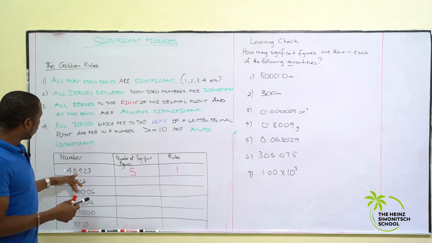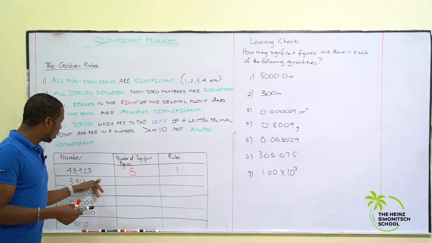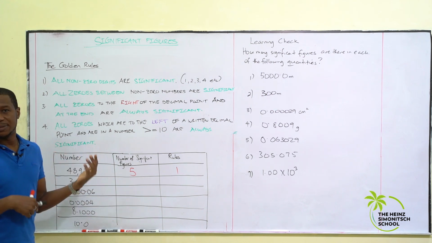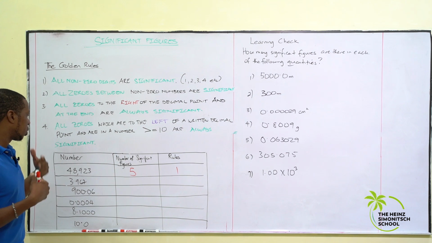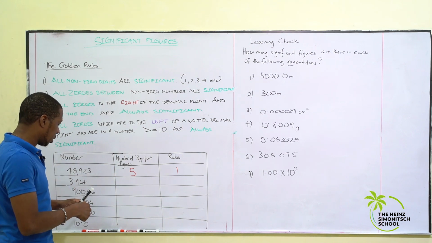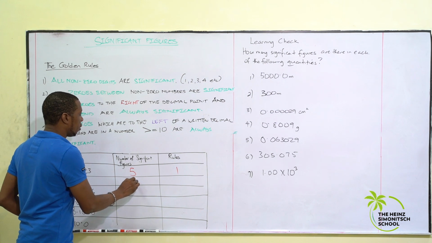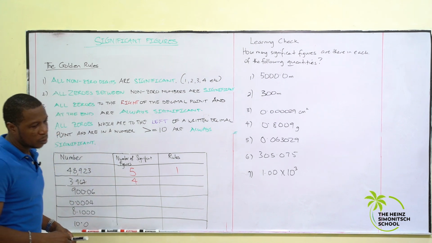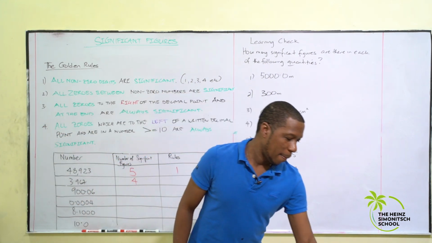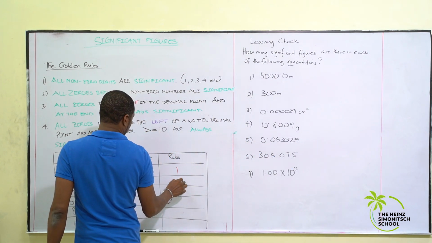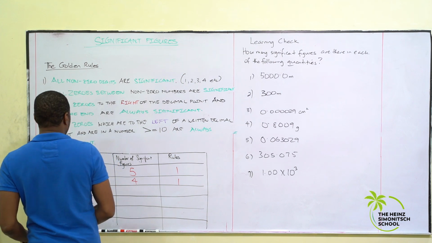Although it is a decimal number, all the numbers there, right and left of the decimal, are non-zero, so they are considered to be significant. So here we have 1, 2, 3, 4. So we have four significant figures in this number.